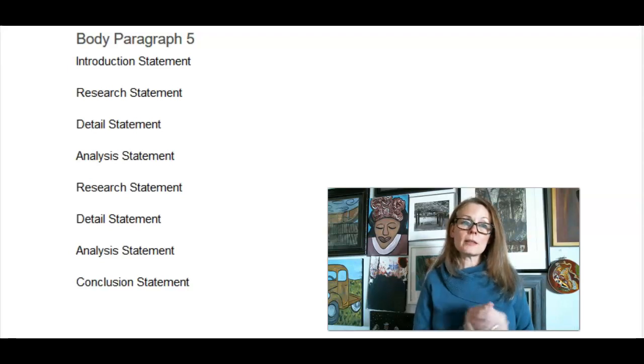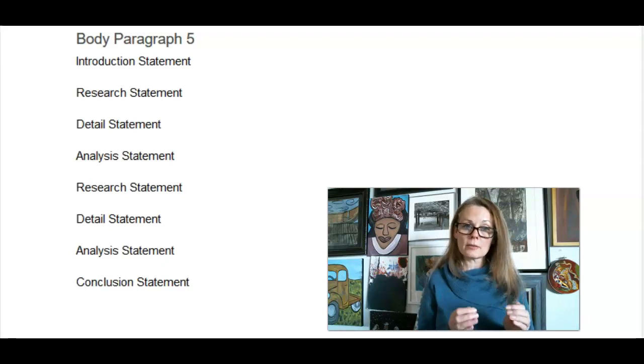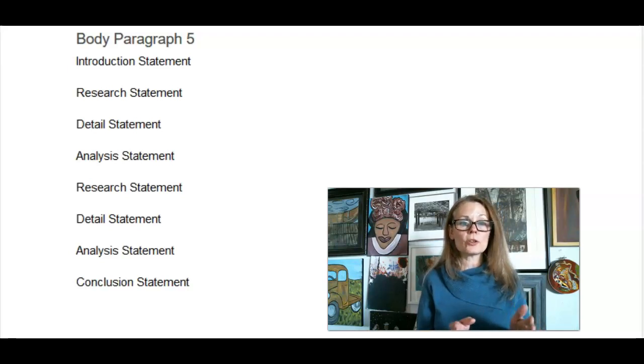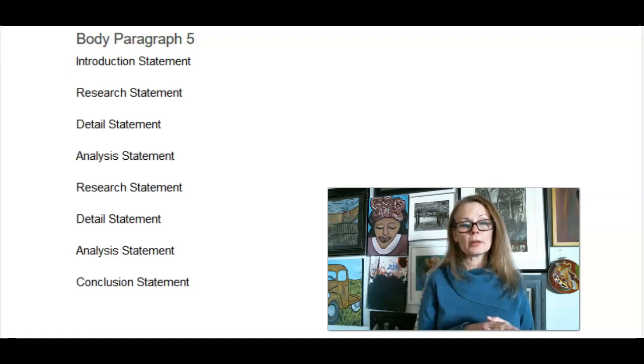Another thing I want to mention is that this is where your in-text citations are going to go, and those are going to go in the research and detail statements at the ends of those. When we're using the MLA citation method, we do the last name of the writer and the page number. If you have a different situation where you don't have the last name of a writer or you don't have a page number, go to your MLA book and look up those different situations, because those certainly do happen, where we have to use the title of the piece or something like that, or we don't have a page number because it's online.